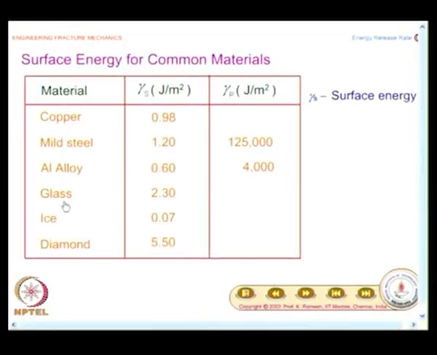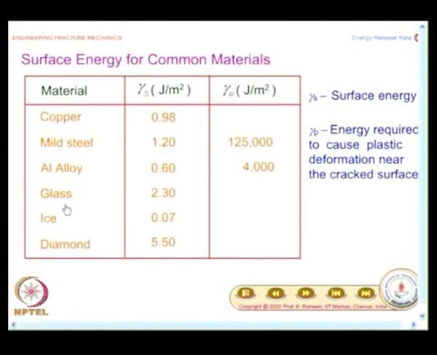I have a list of material here, and I have the surface energy, which is given as joules per meter square, and for copper it is 0.98, mild steel about 1.20, aluminum alloy it is 0.6, glass 2.30, ice is 0.07 and diamond is 5.50.